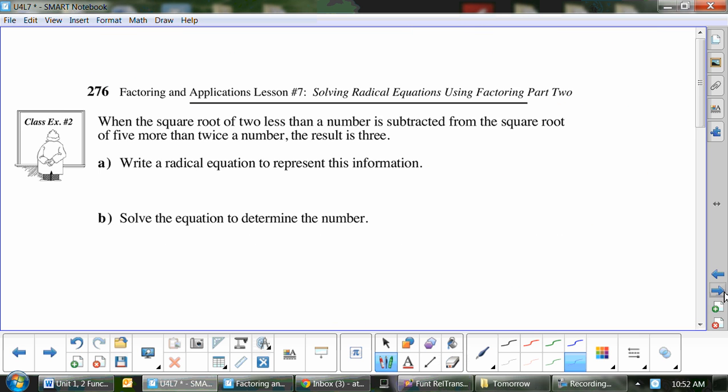Okay, let's do one more. Ooh, this one's in words. Okay, I just want you to try it on your own. See who can, in words, give this equation. It is as bad as it looks.